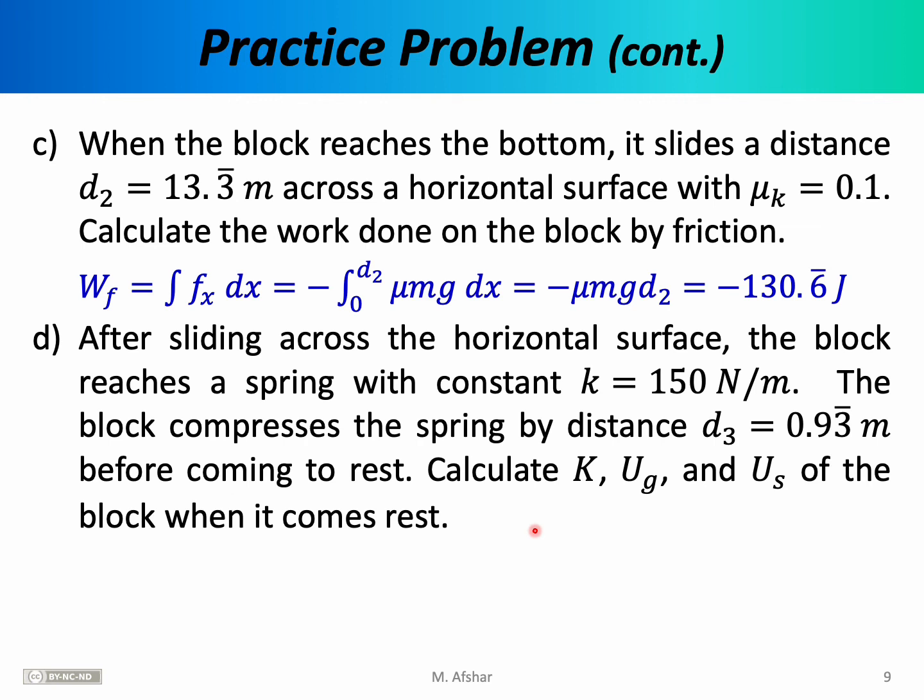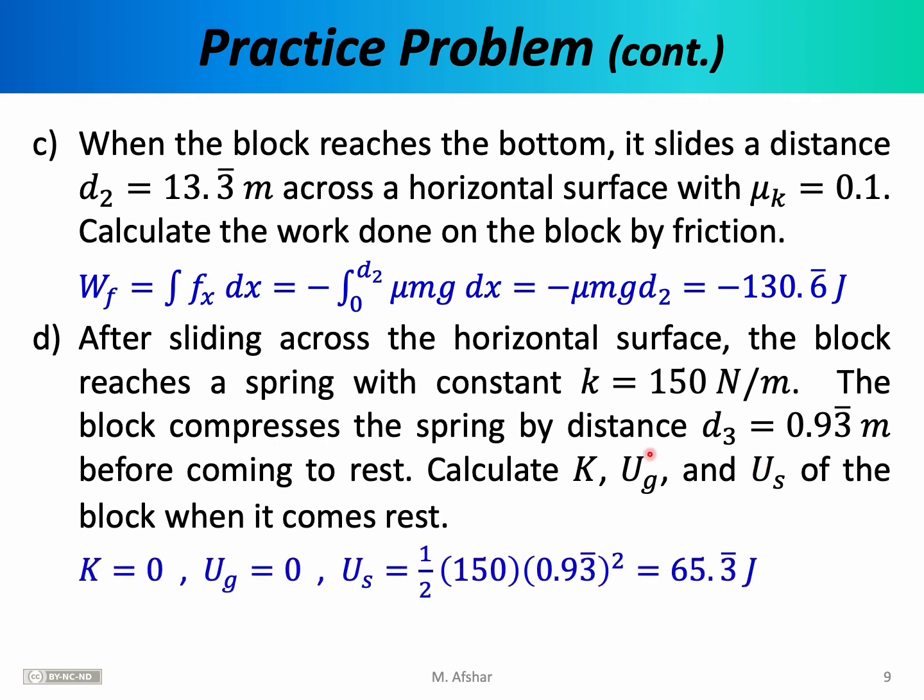So just to review, the block slides down an inclined surface, it encounters some friction, it slides across the frictiony floor, and then it finally comes to a spring. It hits the spring, it compresses the spring by this distance, 0.93, and finally comes to rest. At that moment in time, calculate K and the gravitational potential energy and the spring potential energy.